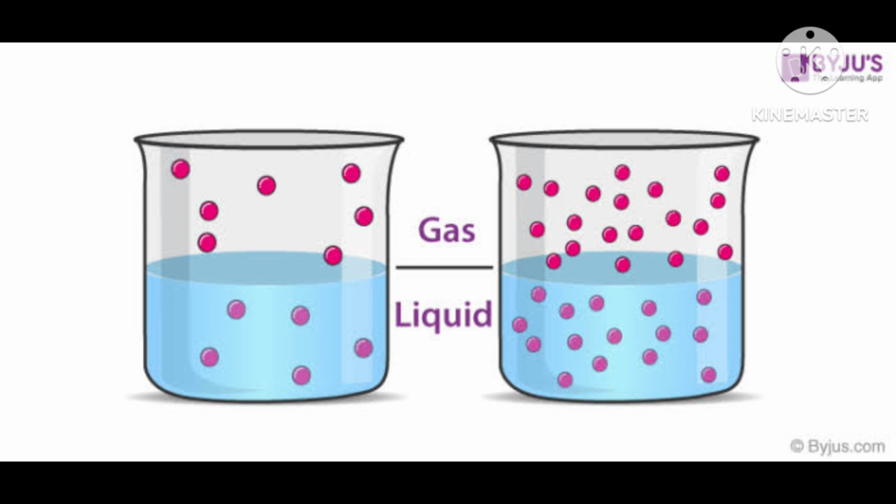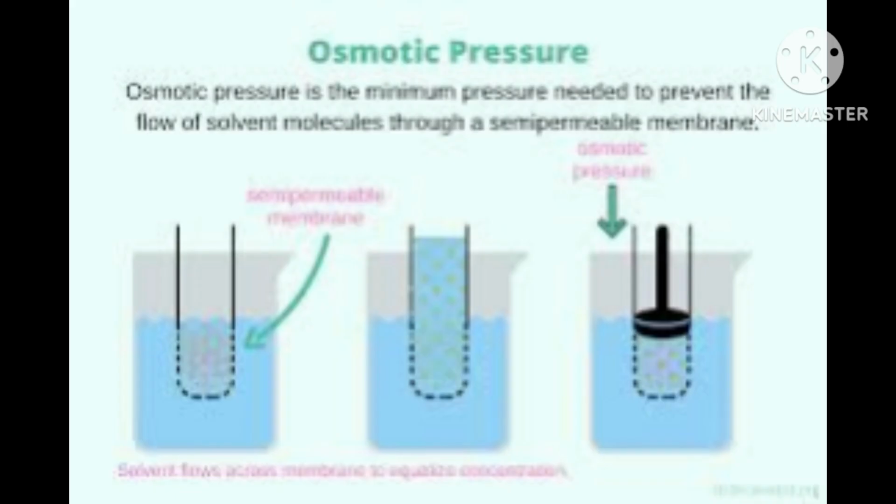In the question, the protein mass is given as 1.26 gram. That is the W2 value you put. After that, R value is 0.083 liter bar per Kelvin per mole.